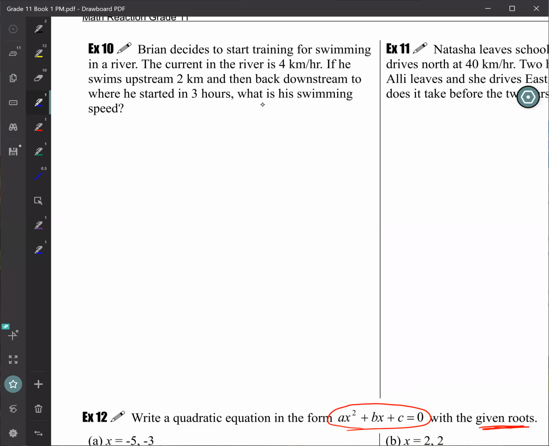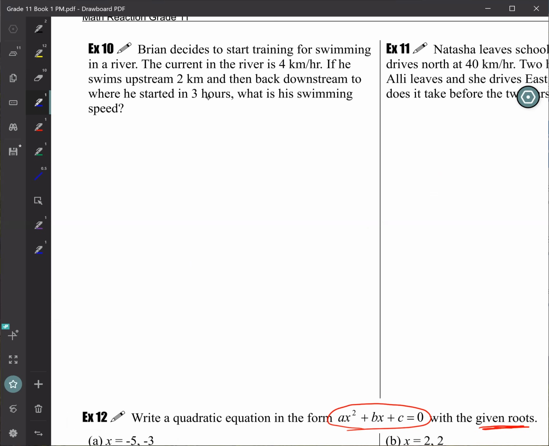Okay, so as you can see, instead of the airplane, we have swimming Brian. Instead of the wind, we have the current. Current means the water flow. And it goes up, right? Think about, is it going faster or slower when you go up? Back down, downstream, would it go faster or slower? Okay, logically. And it takes 3 hours to make the round trip. So please try it by yourself now.